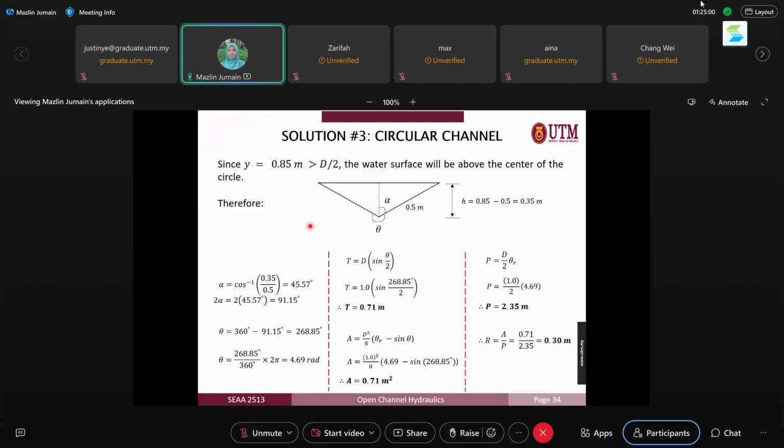So since the flow depth is higher than D over 2, okay, the half of the diameter, so you can refer, this one will be the case 1, okay. So for the case 1, you need to calculate H here.